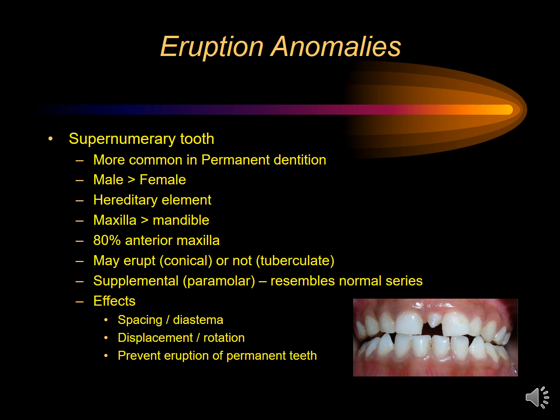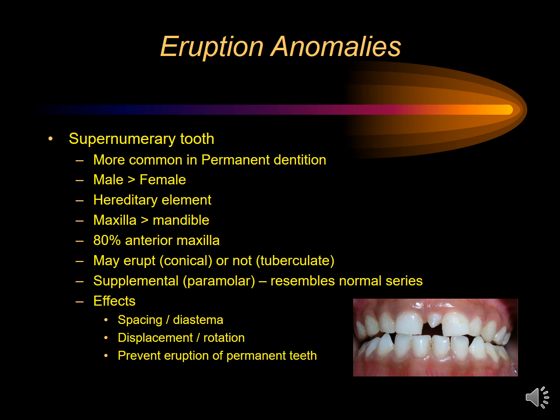Now, there are two types. One is the conical supernumerary teeth, and the other is the tuberculate. Usually, the conical supernumeraries will erupt, and very frequently, the tuberculate type remains buried and unerupted. There's another type called supplemental or paramolar supernumerary teeth. These are supernumerary teeth that resemble the normal series in shape and size.